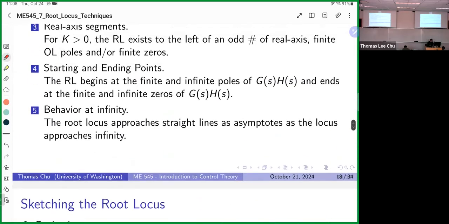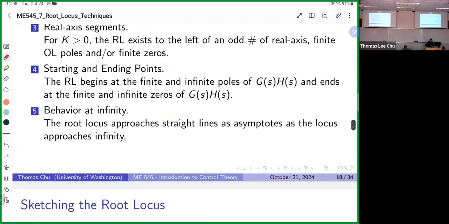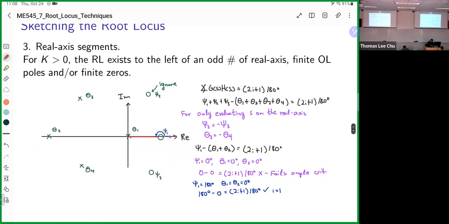The root locus begins at infinite and finite poles and ends at finite and infinite zeros. That means the root locus starts at my finite open loop pole and ends at my finite open loop zero here.